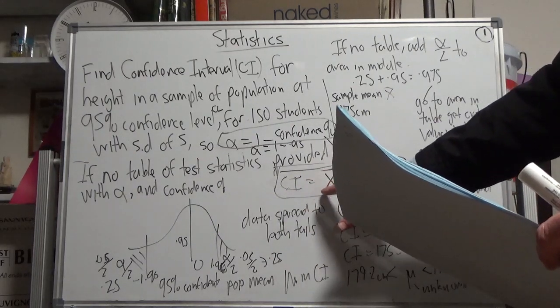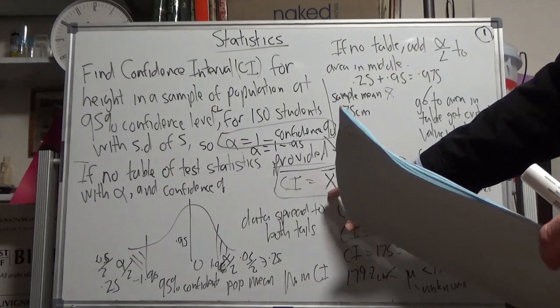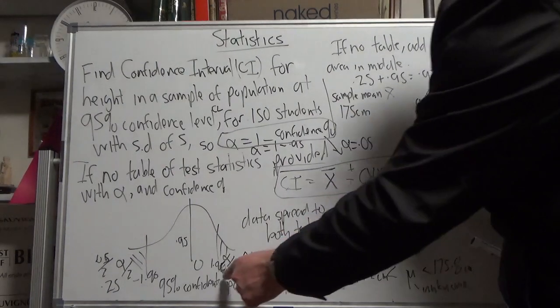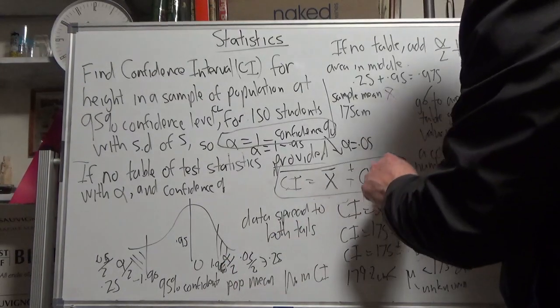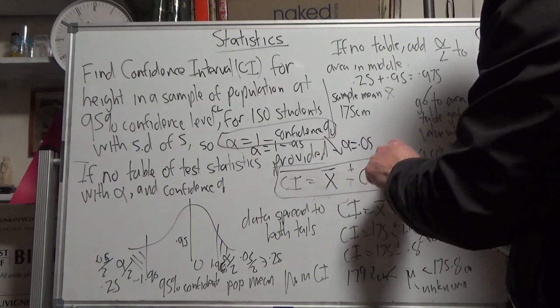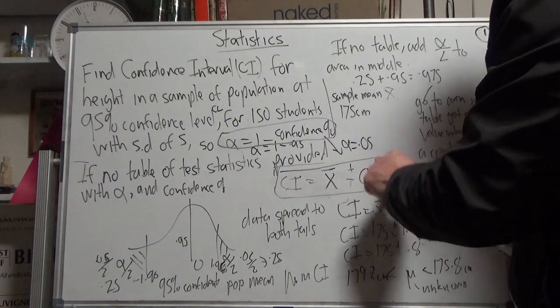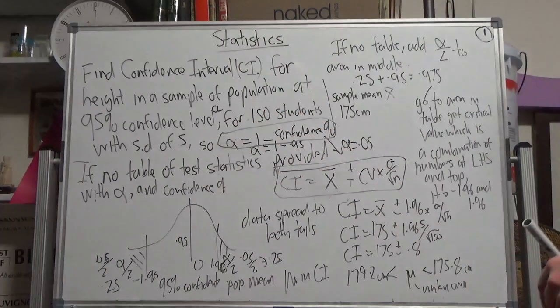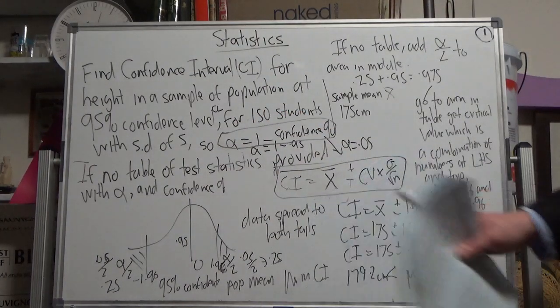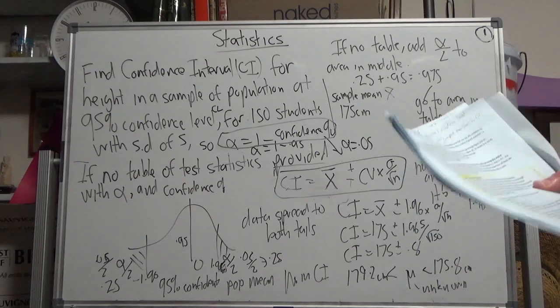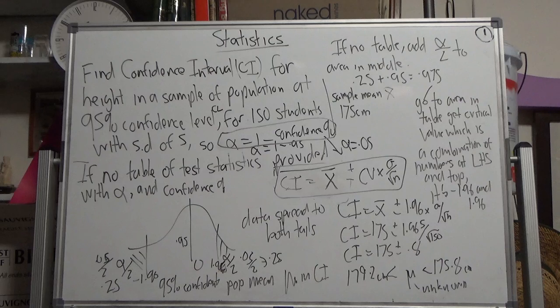It's equal to the sample mean plus or minus the critical value, 1.96, multiplied by the standard deviation divided by the square root of the sample size, which is 150 students. We know all that, we just need to calculate the confidence interval. It's not as difficult as you might think.